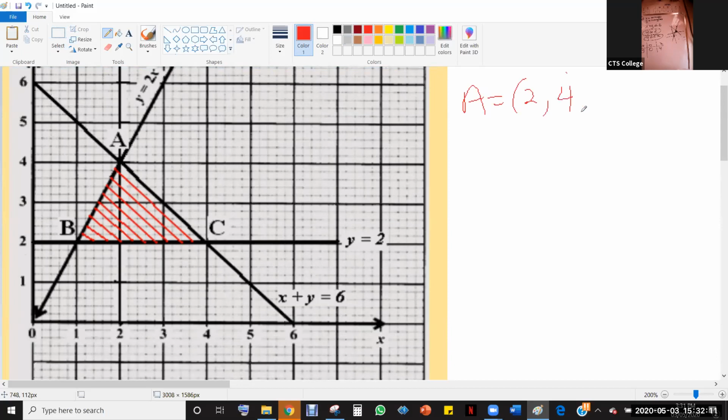Correct. 2 on the x-axis, 4 on the y-axis. What are the coordinates for B? 1 and 2. Yes. And for C? C is 4 and 2. Yes.